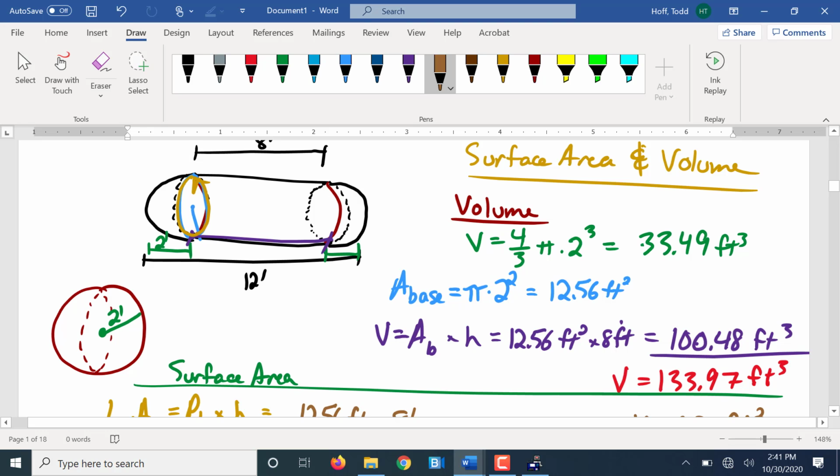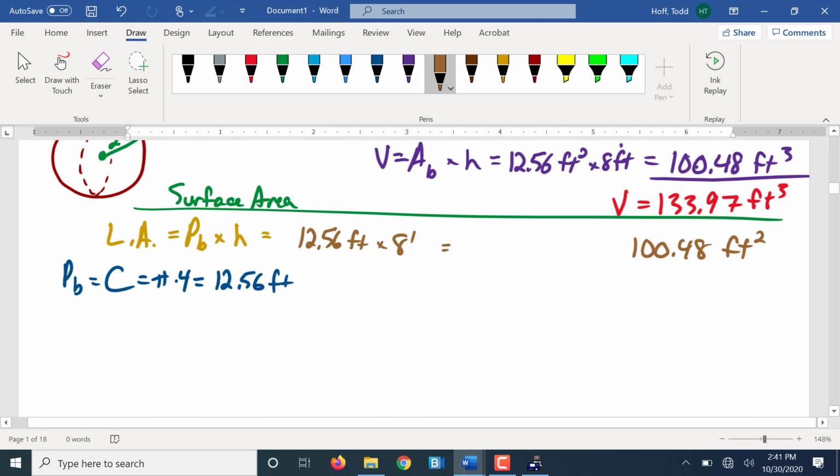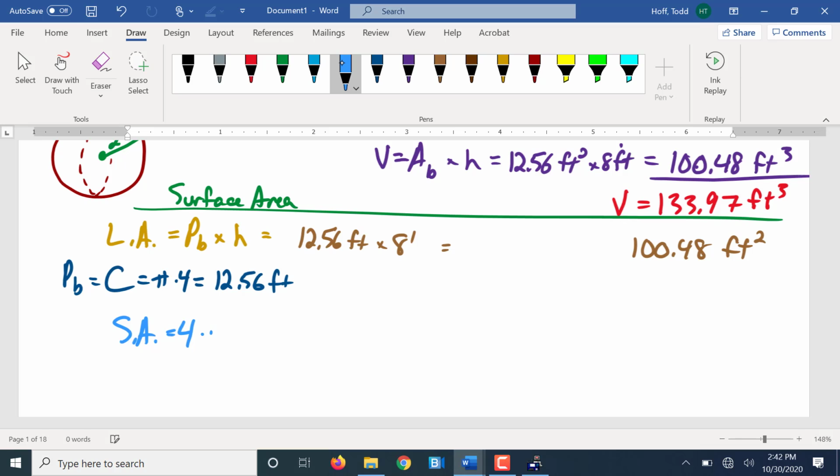Now we need the surface area for a sphere. Does anybody remember the formula for the surface area of the sphere? It's 4 times pi times radius squared.